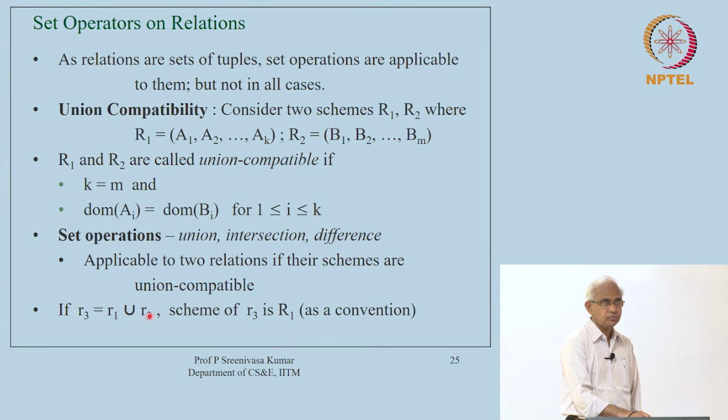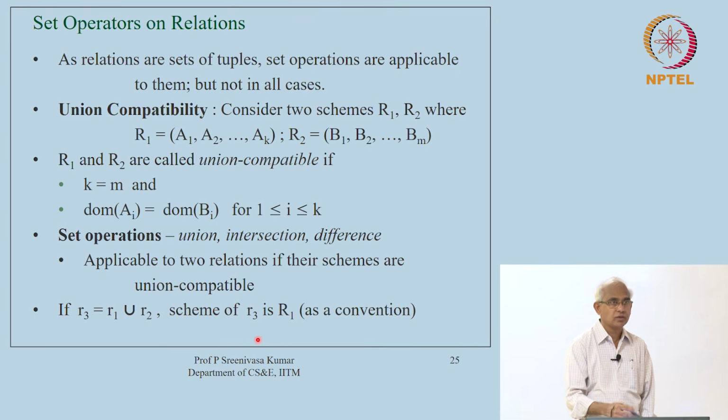Notice that these schemas are compatible, but the attribute names may be different. So, one set of attribute names we have to take, and we follow a convention that the first operand's schema is what we use for the result. Is that point clear? It is just a convention.